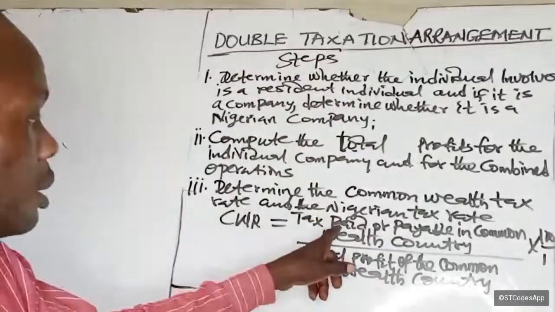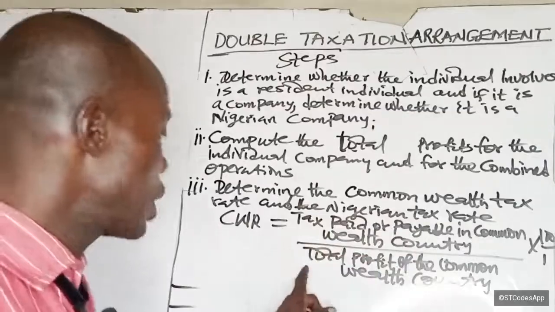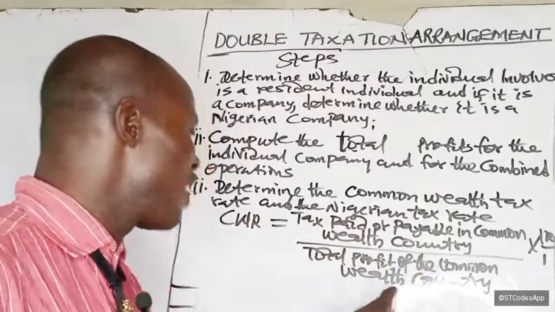Tax paid or tax payable in the Commonwealth country over total profit of the Commonwealth country.